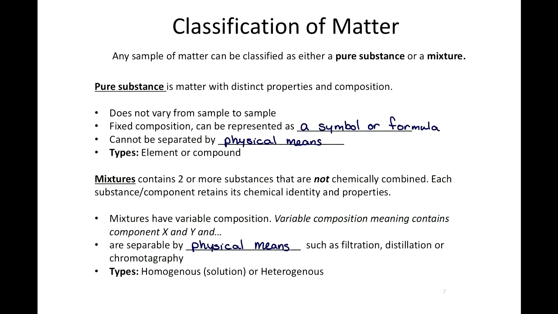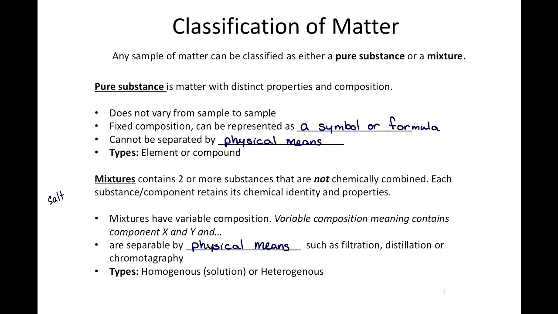Mixtures have more than one pure substance present that aren't chemically combined. So my example here is salt water. What is salt water made out of? Don't think about it too hard. Salt and water. Yes, so salt water.